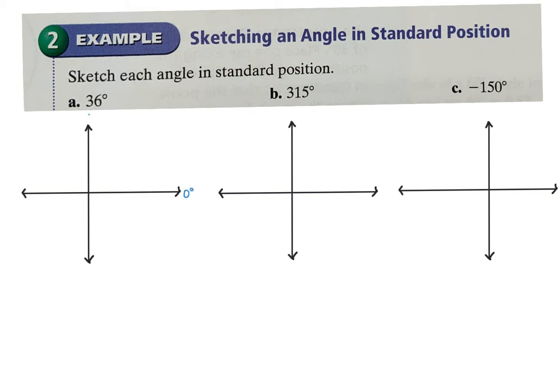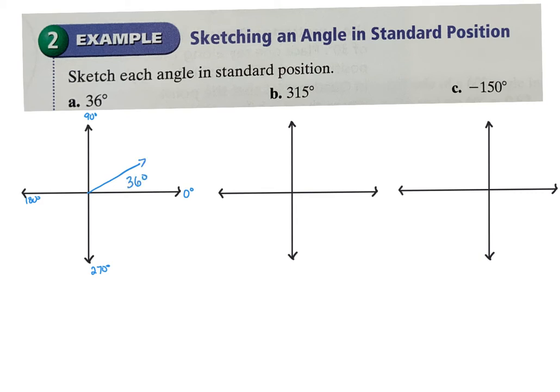What is this straight up? 90 degrees. We just said to the left is 180, and down at the very bottom is 270. So if I'm sketching a 36-degree angle, I know it's going to be in which quadrant? My quadrant 1. And it's going to be less than halfway through it. What would halfway through it be? 45. So if I were just sketching this guy, I would probably go somewhere about here, 36 degrees.